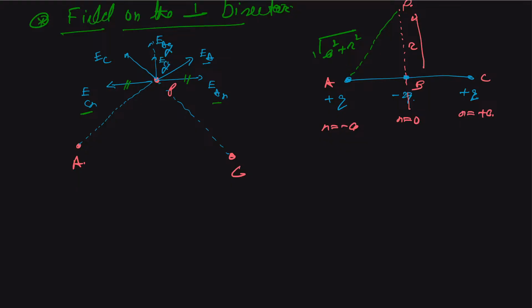And finally, we have a charge at the center, which is given as minus 2q. Because of this, the electric field will be in this direction and this is our B, so let us call this EB. So the only electric field will be along the y-axis, as the individual horizontal fields balanced out.